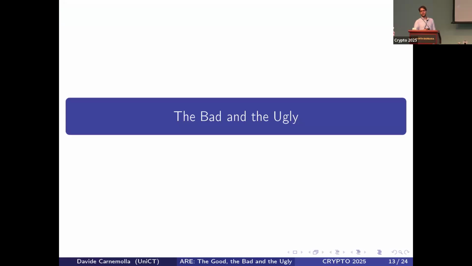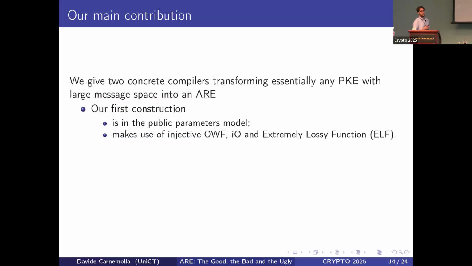OK, so let's talk about the bad and the ugly of our paper. The bad news is that such schemes exist. To show that, we propose two different compilers that allow us to make any public key encryption scheme with a large message space anamorphic resistant.